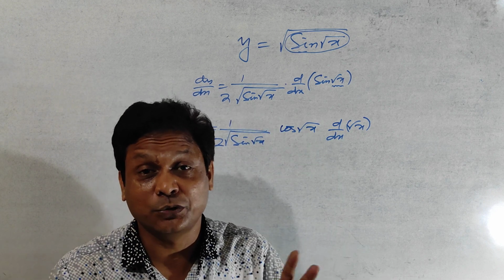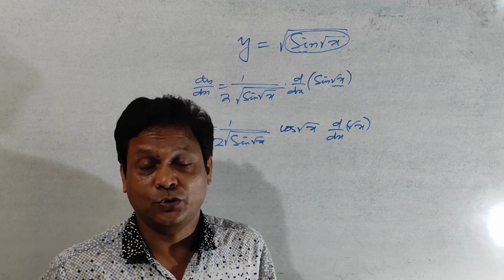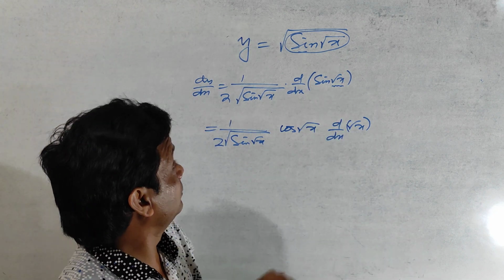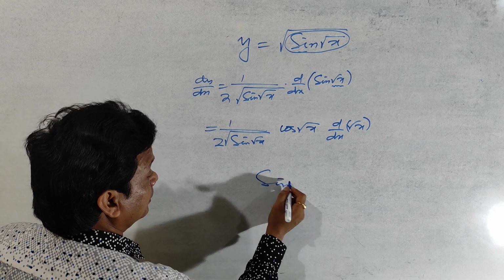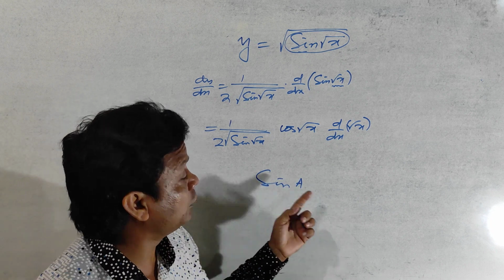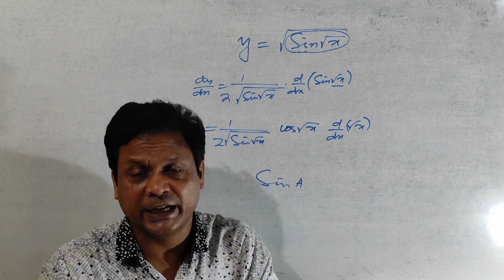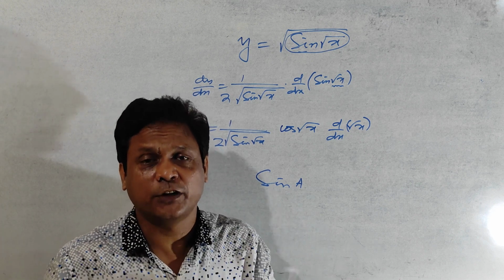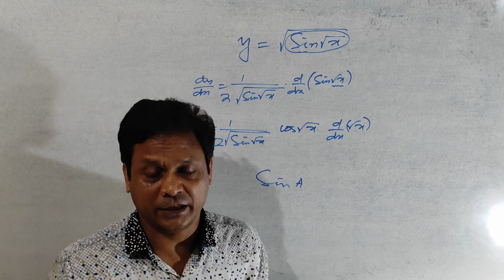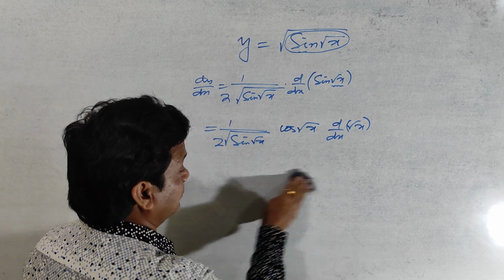This is not cos into root x, it is cos of root x. Don't say into. They are reading sin into a. It is sin of a, sin of the angle a. Sin of 30 degrees, sin of 40 degrees. So don't say sin into a.